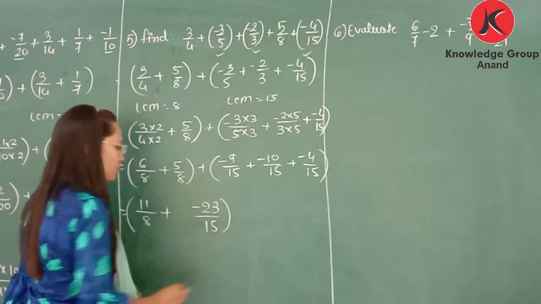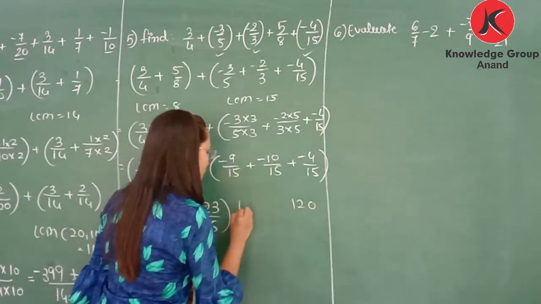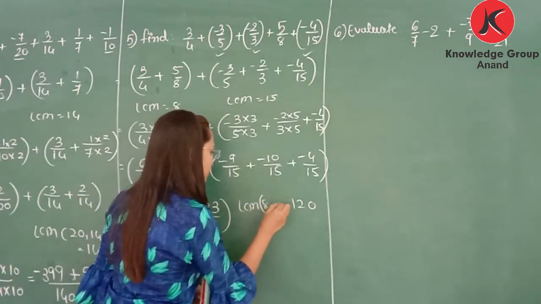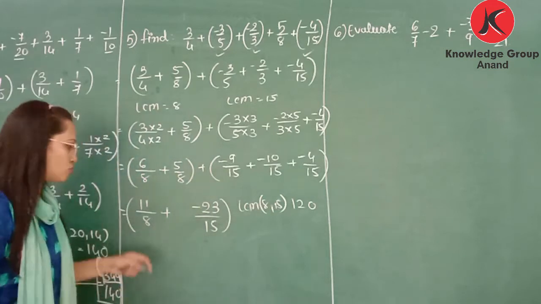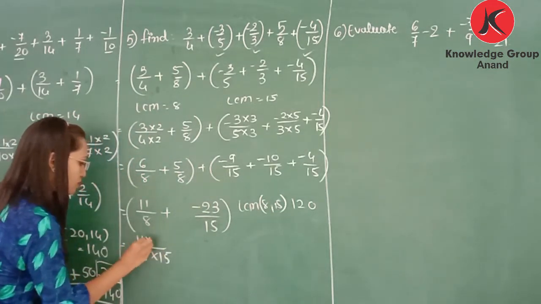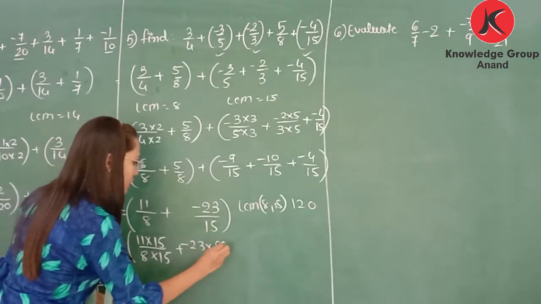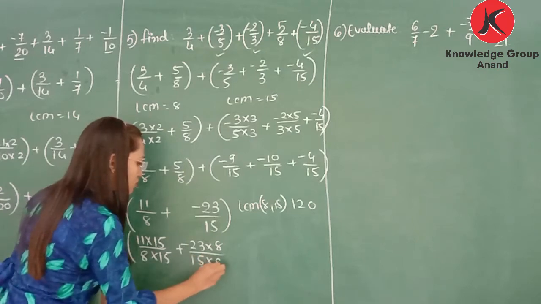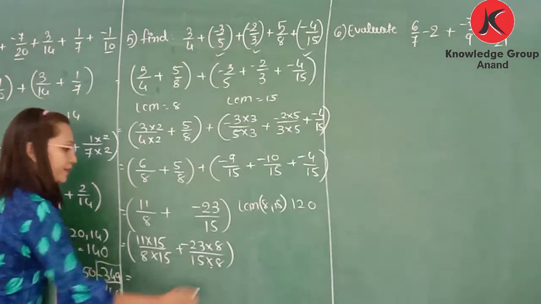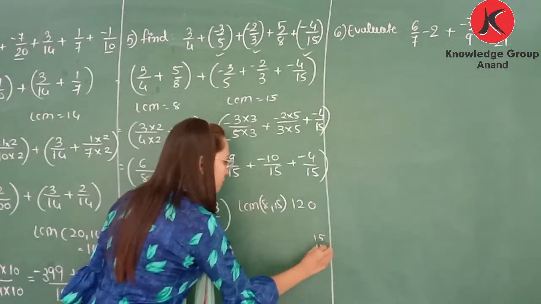Now the LCM of 8 and 15 will be 120. So here 8 is multiplied with 15, 11 is also multiplied with 15 and minus 23 is multiplied with 8. So 15 is also multiplied with 8 to get denominator 120. Now 15 is multiplied with 11.